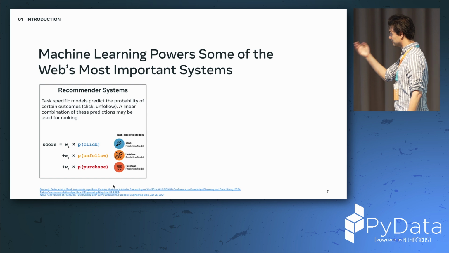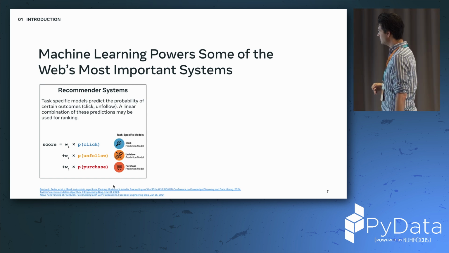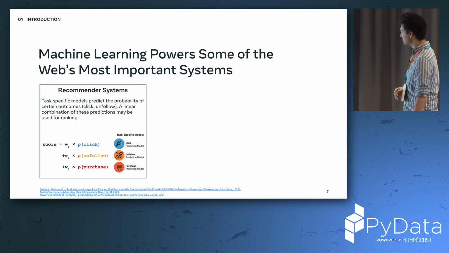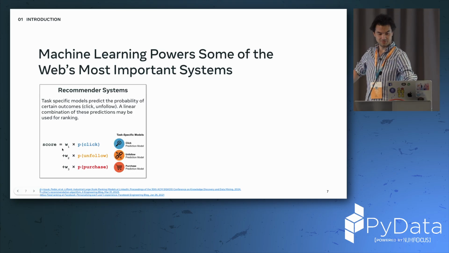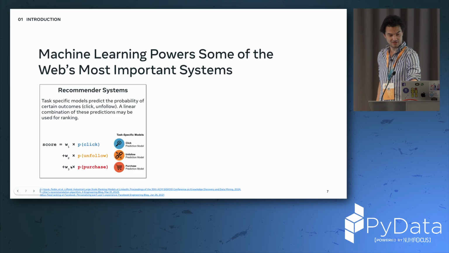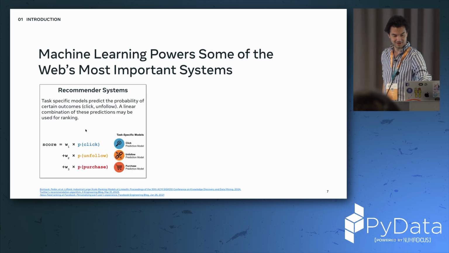So this is a very simple way you can design a recommender system. I'll later get back to how this connects to multicalibration in this simple linear weighted combination of models.